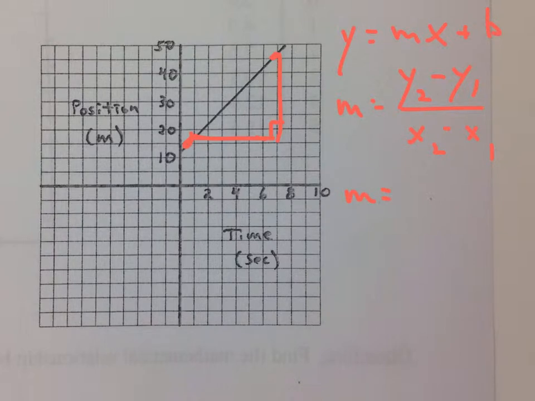For example, you take the location up here as your y sub 2, estimating as best you can. I would say that's about 47. We don't need to worry about the units at this point.